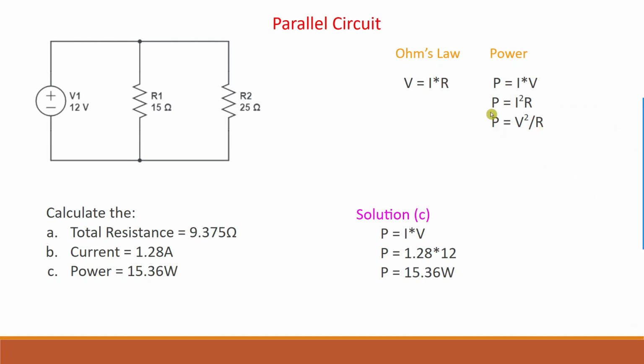If you use any one, you will get the same result. So we know I equal to 1.28. Then we know V equal to 12 volt. So 1.28 into 12, you will get 15.36 watt. So this is the total power of this parallel circuit.